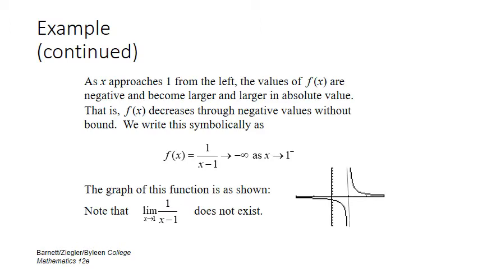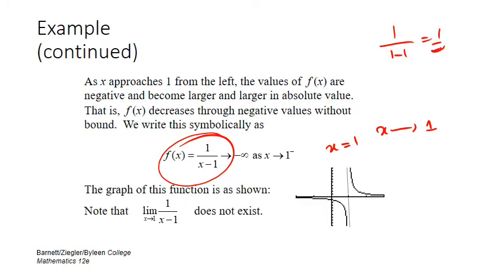This is an important point. The point where the limit does not exist, we say a vertical asymptote exists there. For example, for this particular function at x equals 1, or we can say when x approaches 1, this limit does not exist because 1 over 1 minus 1 is 1 by 0, which is undefined. So at that point we say that a vertical asymptote exists.